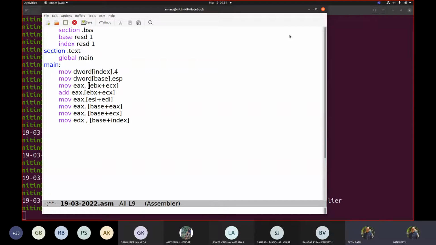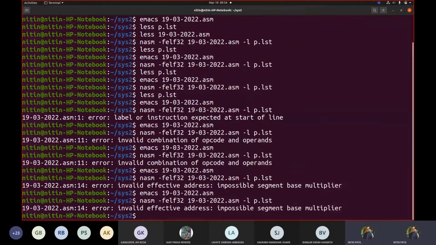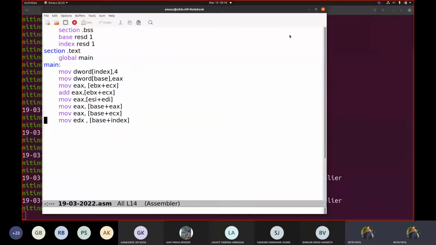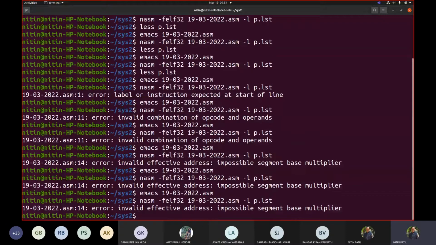So let me make the change. If I do this, still it is not permitting me to make use of such a combination over there too. So if I write multiply by 1, let us see. Correct.